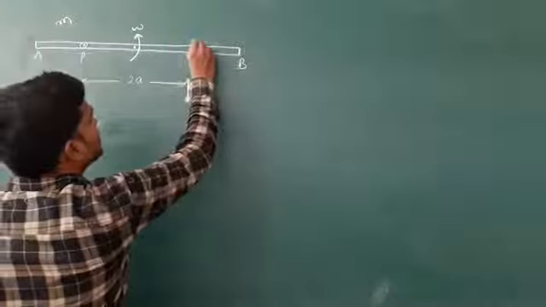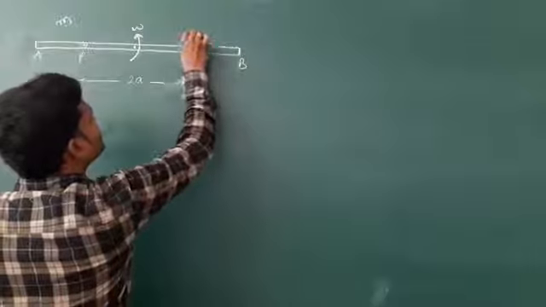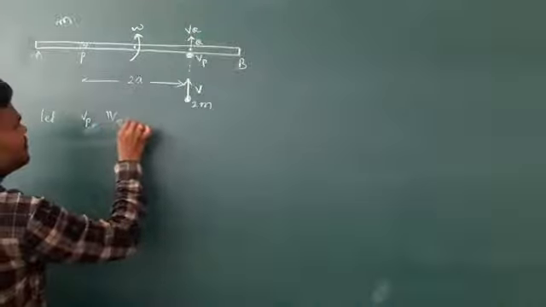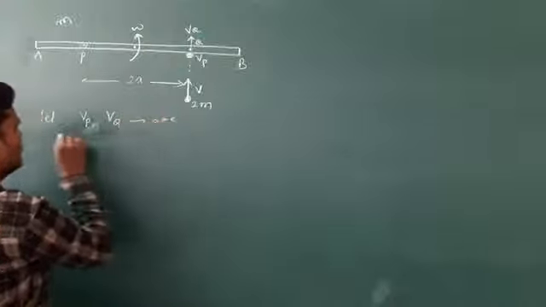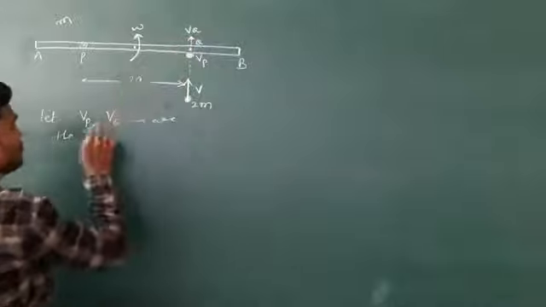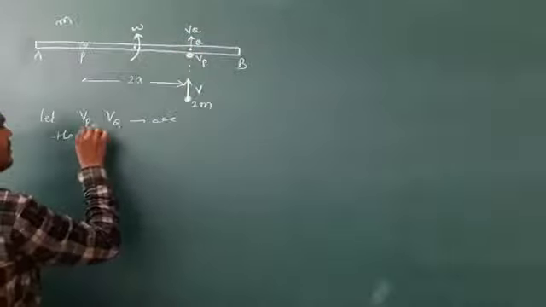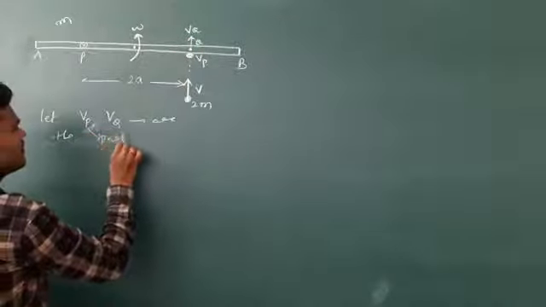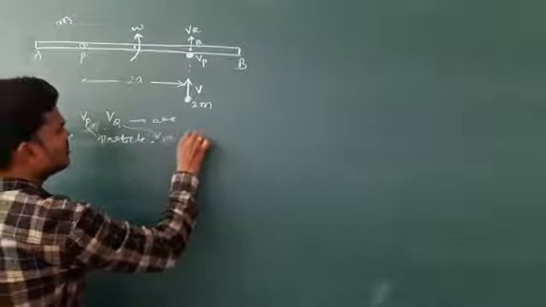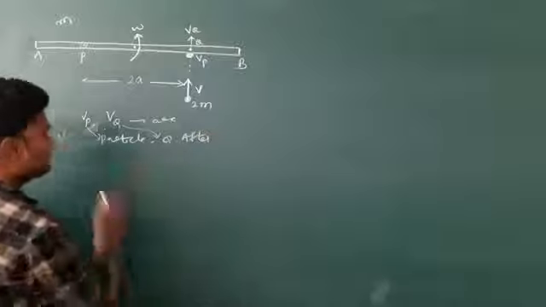And if you consider any point q, this q also has some speed, let us consider Vq. So Vp and Vq are the velocities of the particle and point q after impact, after the collision.